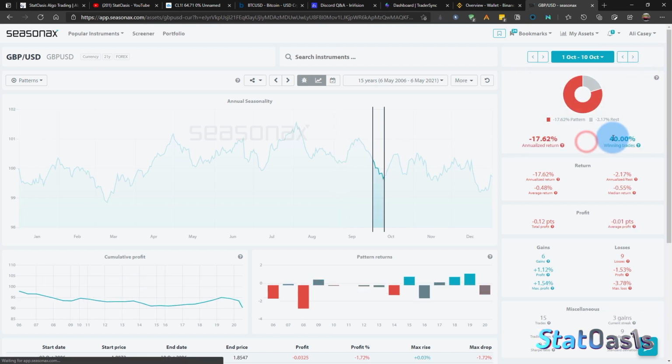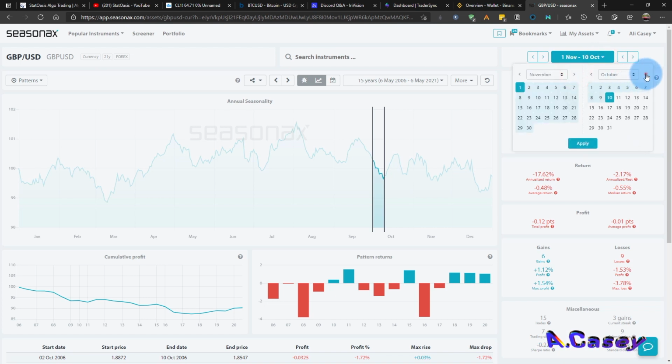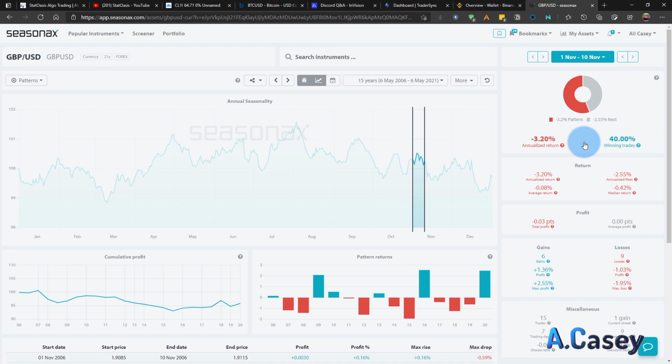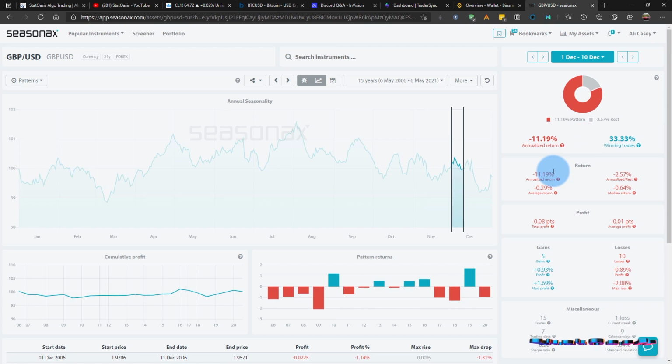And this is not the whole month, we're picking only the first 10 days of the month. October is 60-40, and then November, again 60-40, and then the last one is December, which is also down. So most of the months, the beginning of the month is a downtrend.